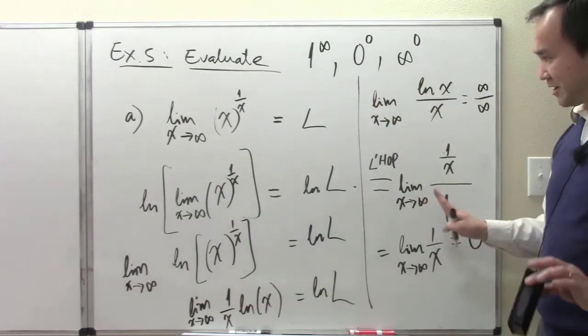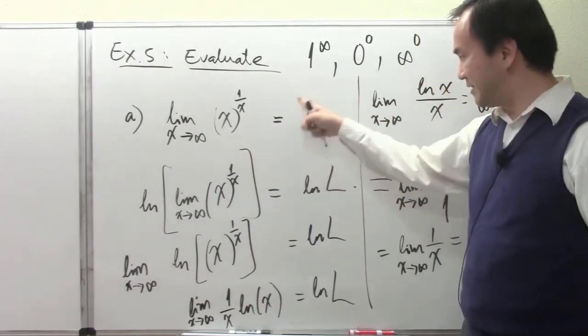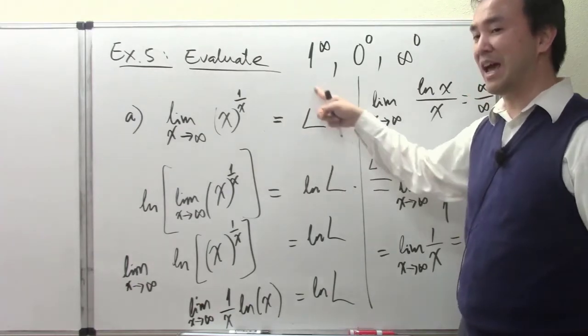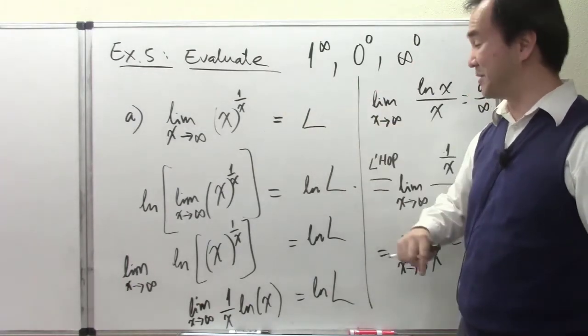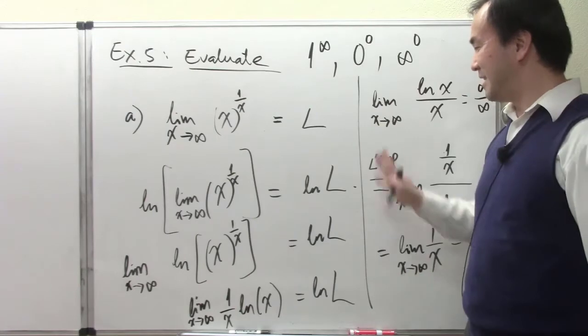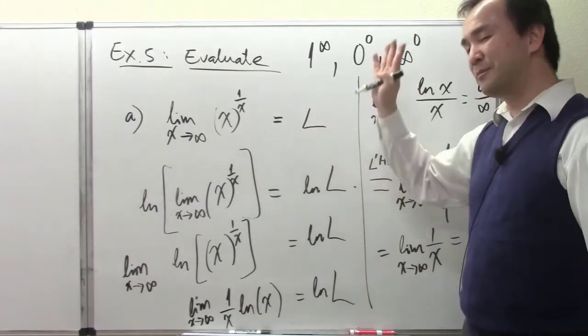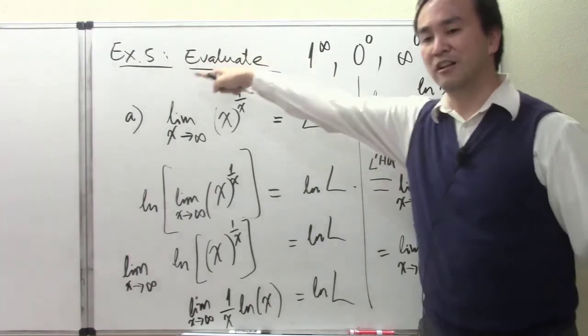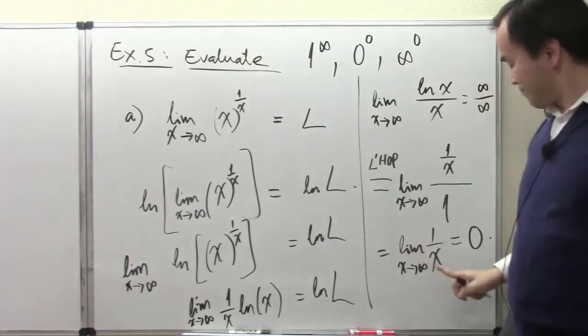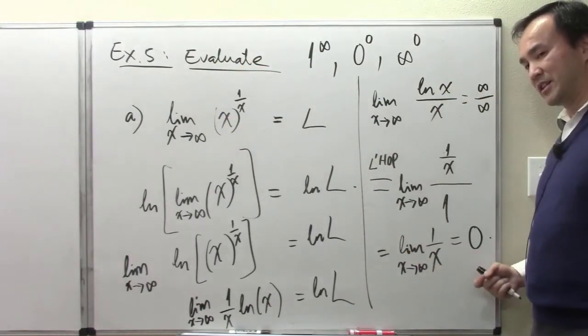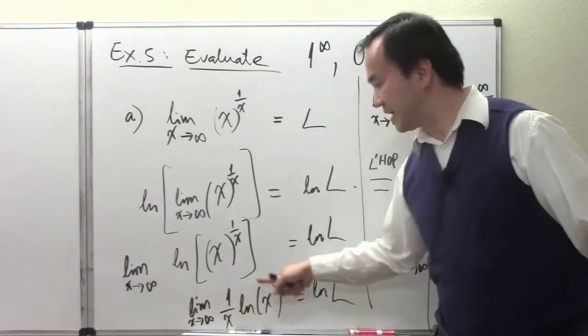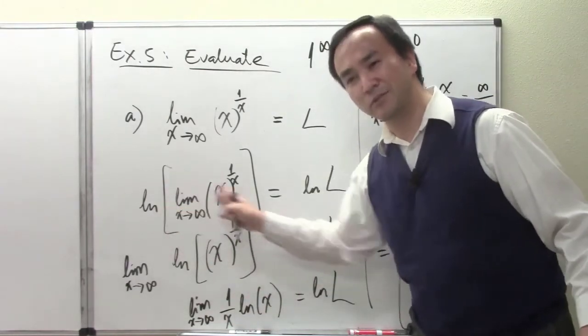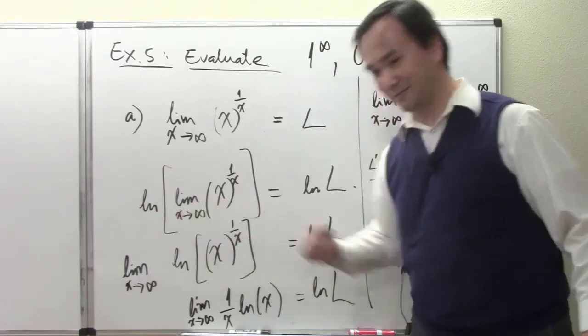But remember, our main problem is to find out what L is, and L is playing the role of the limit for this overall problem. This 0 is only the limit for our left-hand side after we have done the logarithm trick, taking the log of both sides.